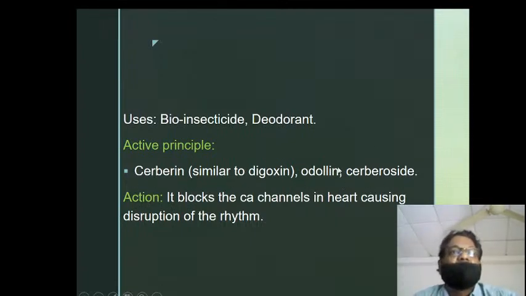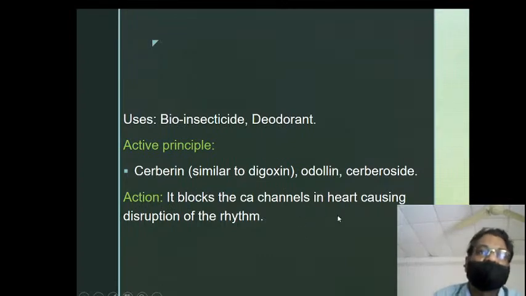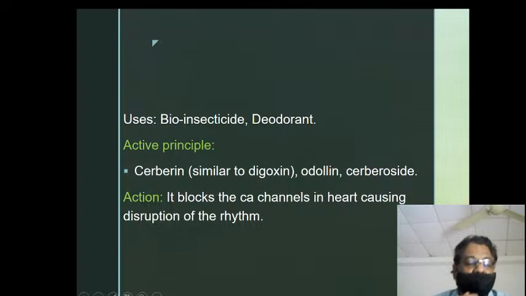The action is almost similar to digoxin. It blocks the calcium channel in the heart, causing disruption of the rhythm, resulting in conduction abnormality. The individual develops arrhythmias and ultimately cardiac failure and death.